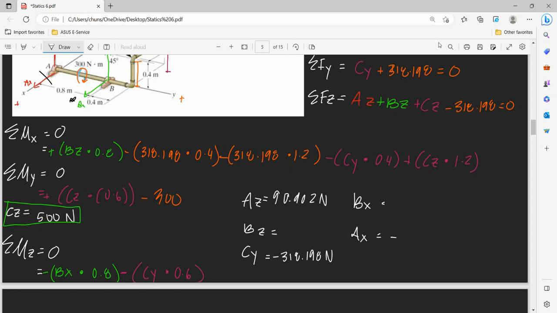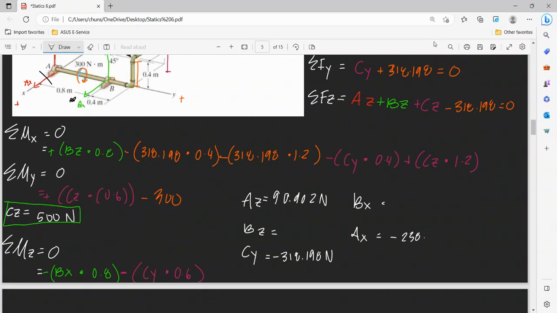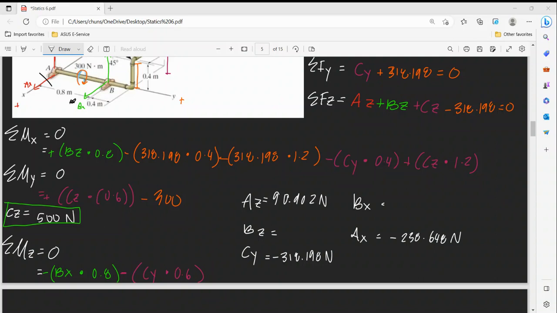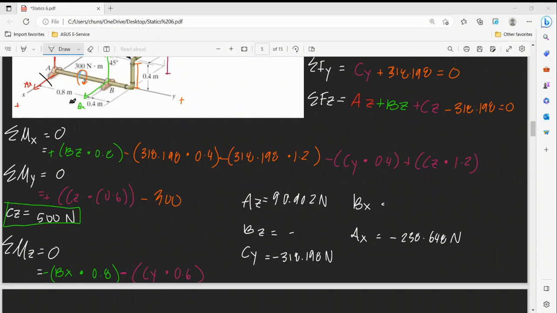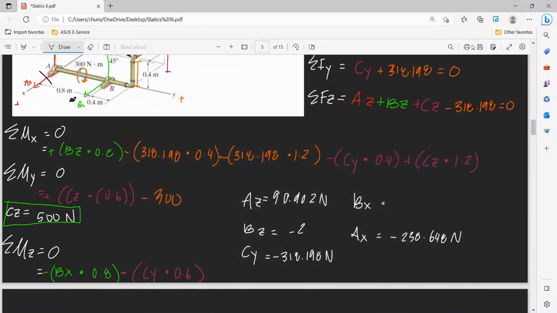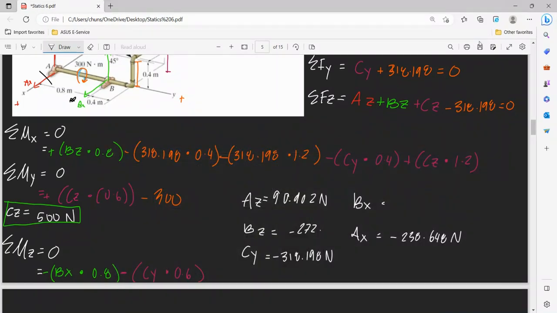And this is negative 238.648. Then this is negative 272.704.